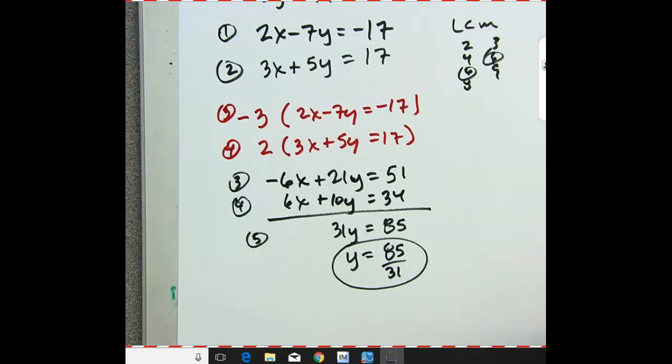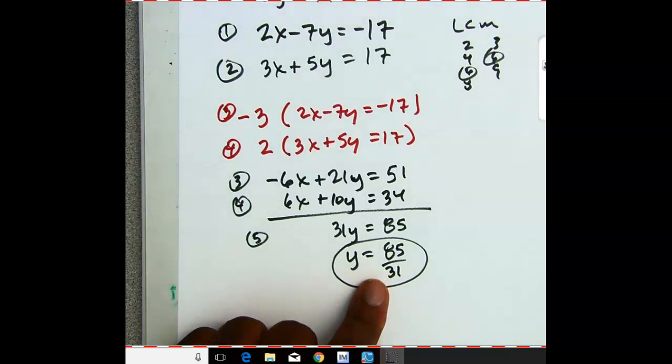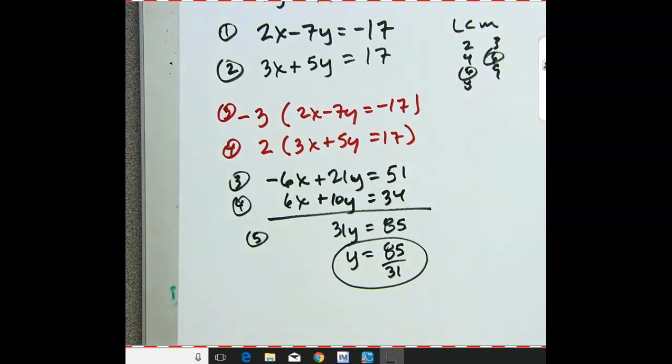And then on your quiz tomorrow, try to figure out what x is. Is there any rule that says that we can't just start all over and now instead of eliminating the x's, let's eliminate the y's? So we can do the elimination method again to find our second one. That might be easier than substituting 85 over 31 in for y in one of these equations.